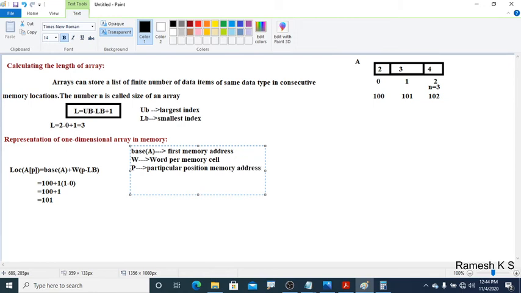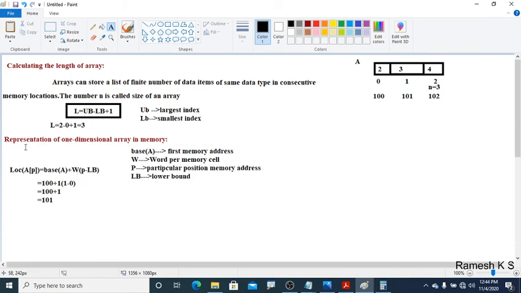LB, all of you know, is the lower bound, which is always 0. So this is a representation of a one dimensional array in memory.